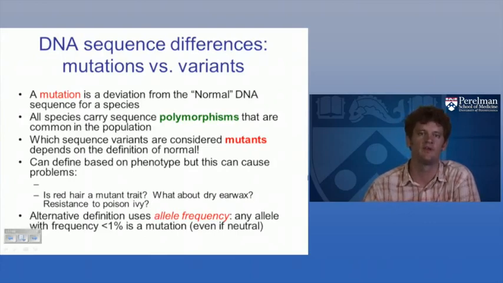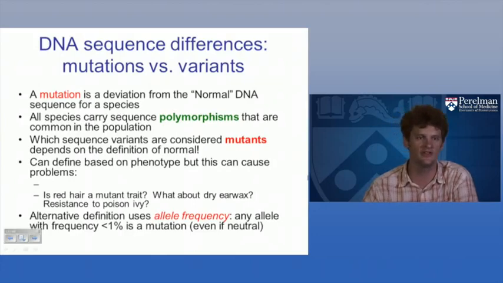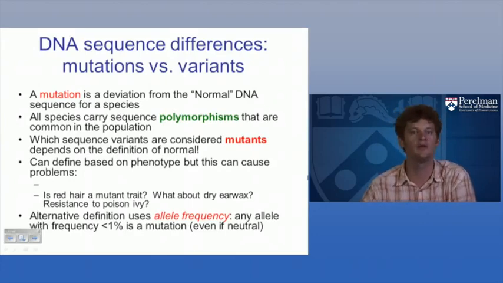I think most people would agree that sequence changes that give rise to severe diseases, for example, cystic fibrosis or sickle cell anemia, would be mutations. But is red hair a mutation?